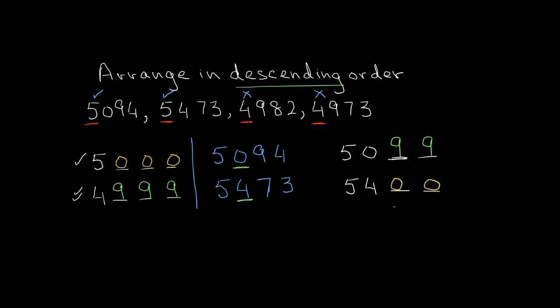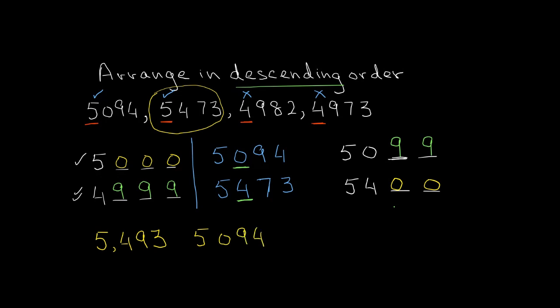So what that means is that the number 5,473 is larger than 5,094. So what we're going to do is write down 5,473 first. That's the first number. Now then the second number has to be 5,094. That's the second number.